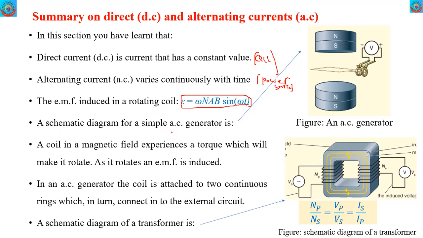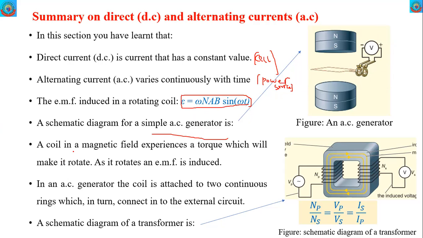Schematic diagram for a simple AC generator. We have this. The magnetic field is there. Inside the magnetic field, there is a coil, which is connected with 2 rings, and the rings are connected with the external circuit. On that, the electricity will be generated using the simple AC generator.